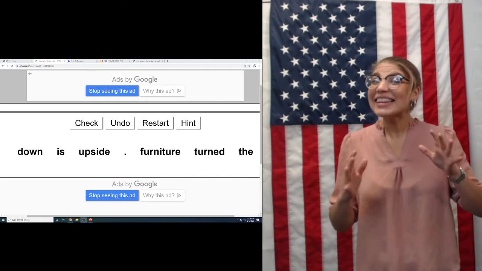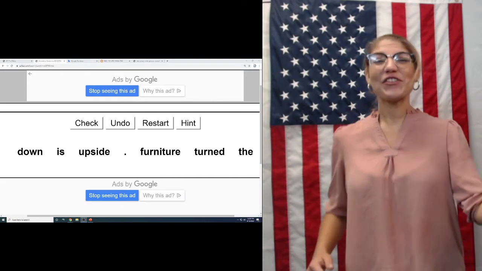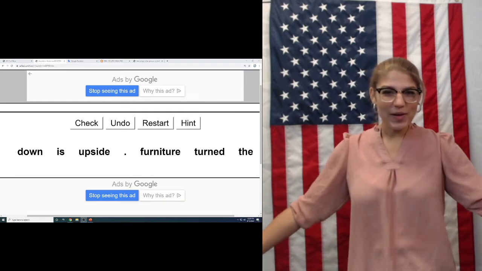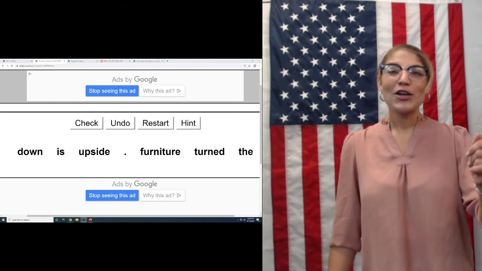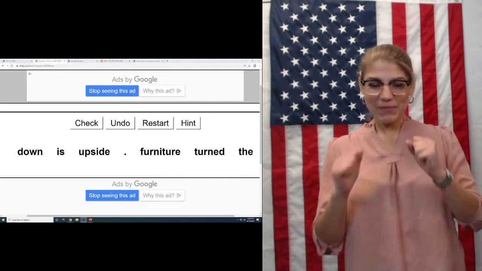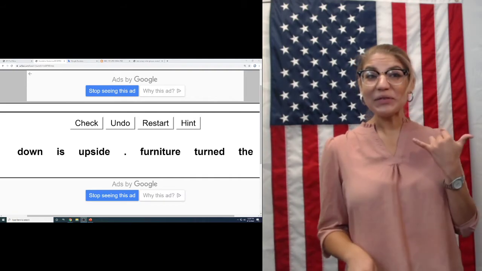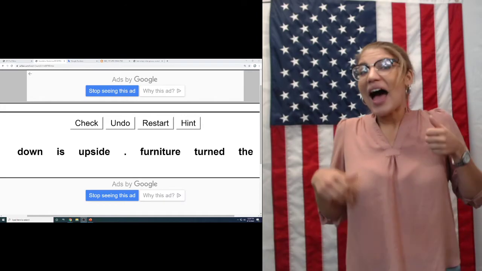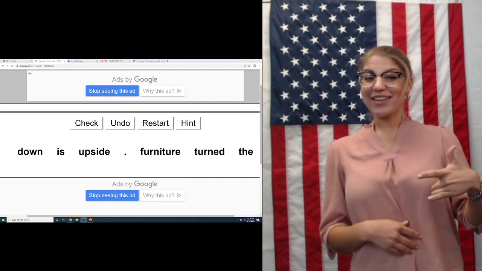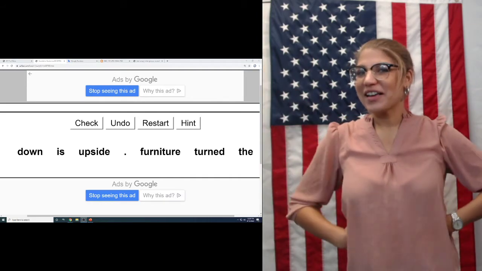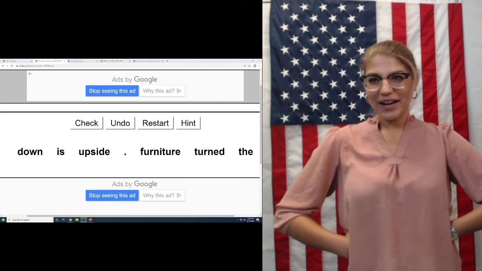Down, we did this just a little bit earlier, so I am not helping you because you're so smart and so intelligent. You are capable. I believe in you. Down is upside furniture turned V. What are we talking about? What is the subject?